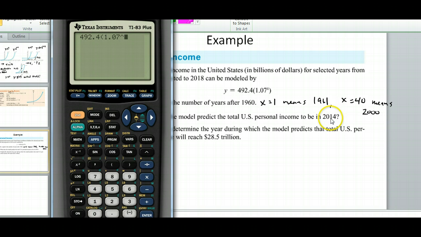That's 54 years after 1960, so you can either literally type in 2014 minus 1960, or you can do 2014 minus 1960, get that number, 54, and then plug that in: 492.4 times 1.07 raised to the 54 power. In both cases we get the same number.